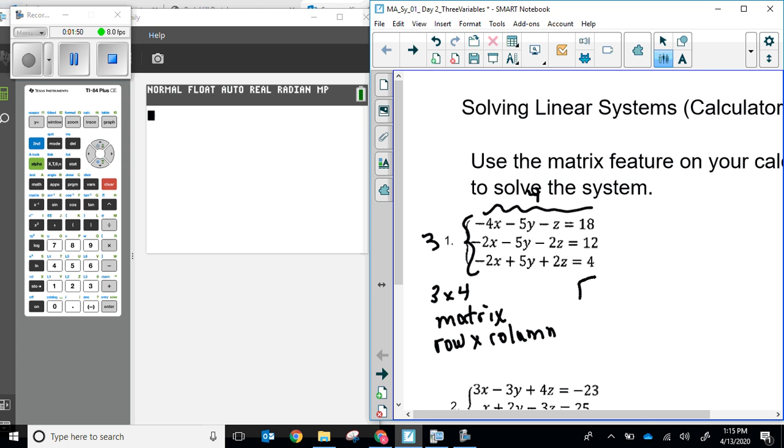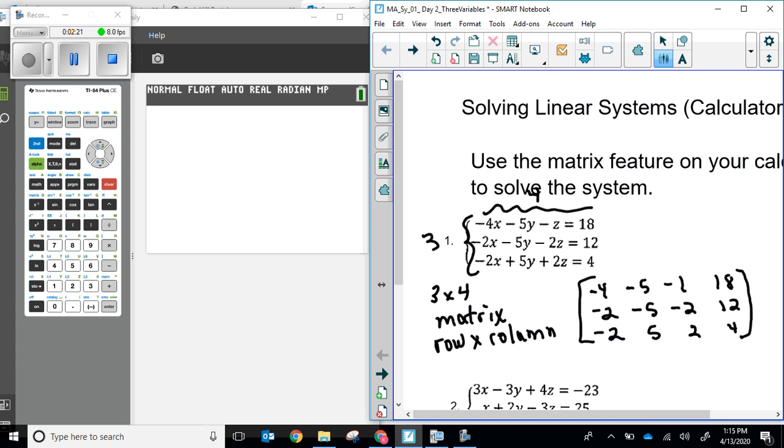So our augmented matrix is going to be -4, -5, -1, 18, -2, -5, -2, 12, -2, 5, 2, and 4. So there you can see that it is 3 rows by 4 columns. All right, so we can enter this into our calculator and let the calculator do all the work for us.